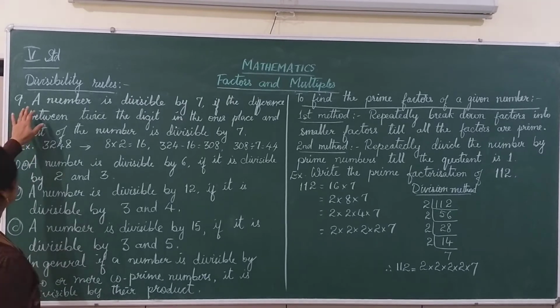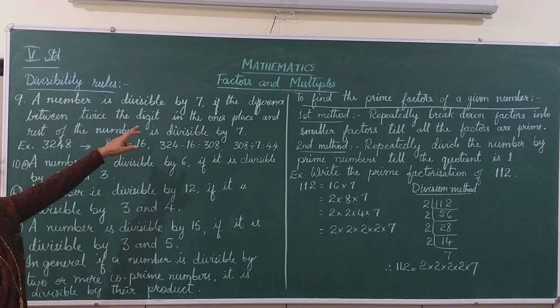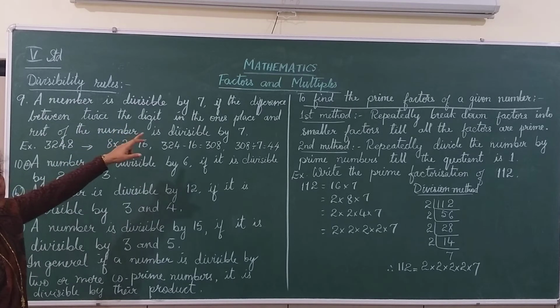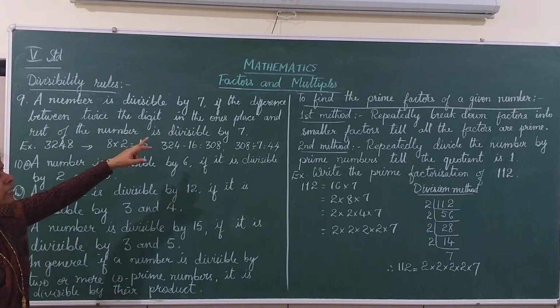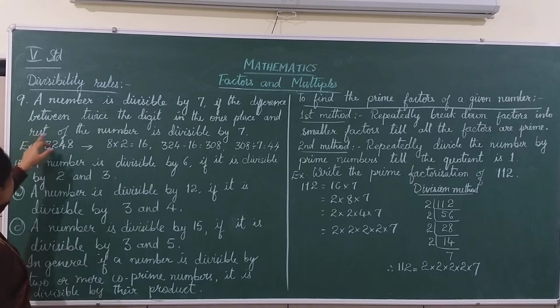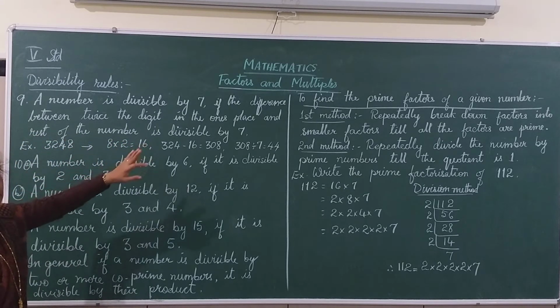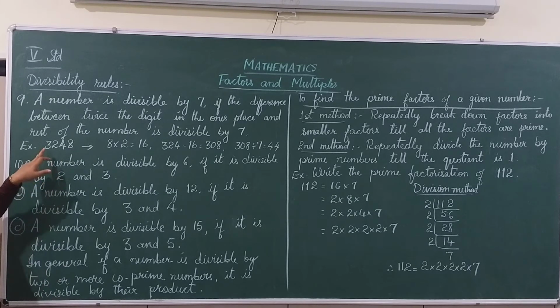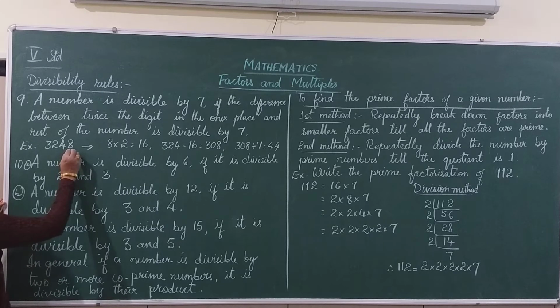So next let us see, children. A number is divisible by 7 if the difference between twice the digit in the ones place and the rest of the number is divisible by 7. They have given an example. You can see here 3,248. What is there in ones place? 8 is there in ones place.